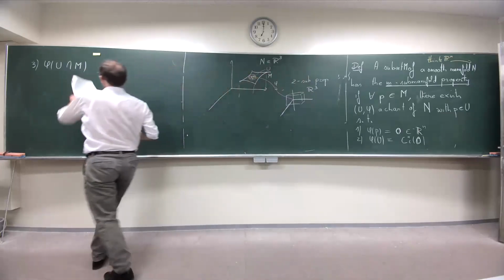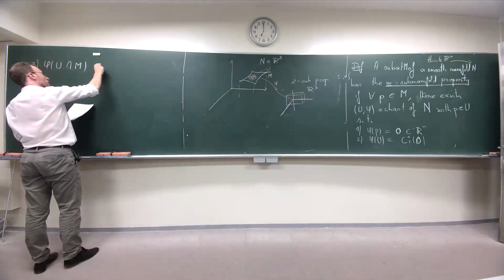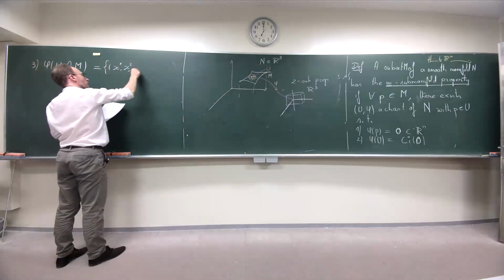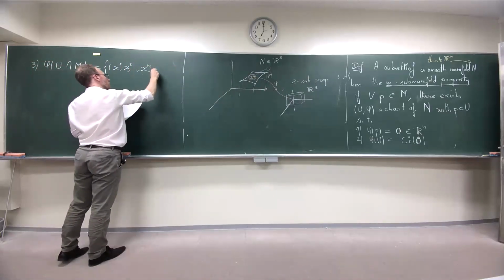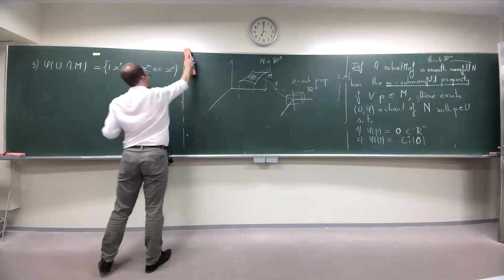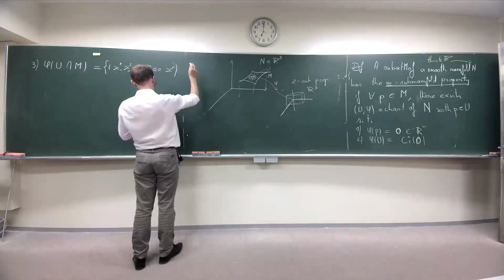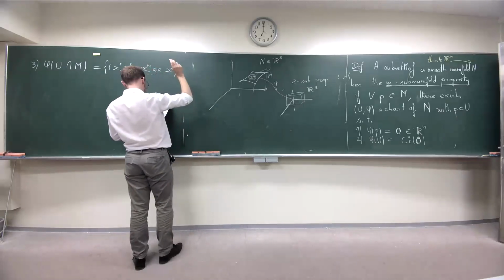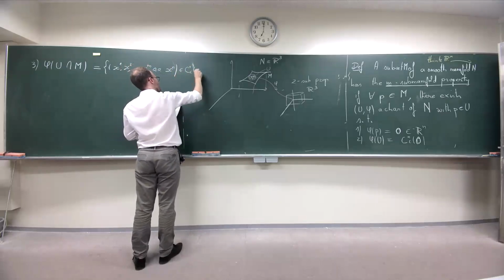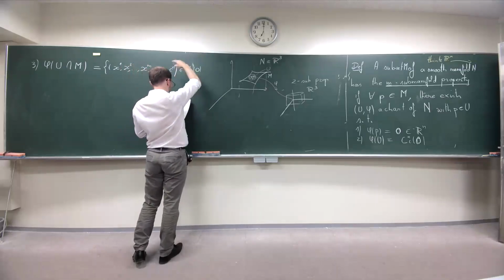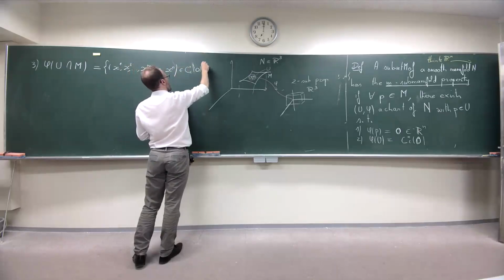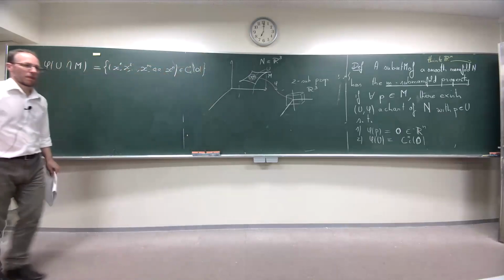So phi of this intersection can be written as (x1, x2, up to xm, and then 0, 0, up to xn) inside R^n. In fact, it is inside C_n^epsilon(0) because it's inside M. That's it. So what does it mean?